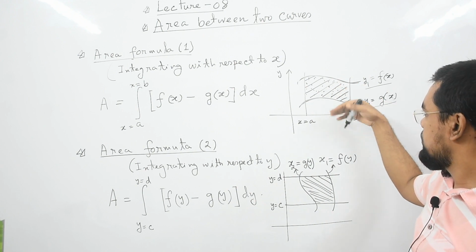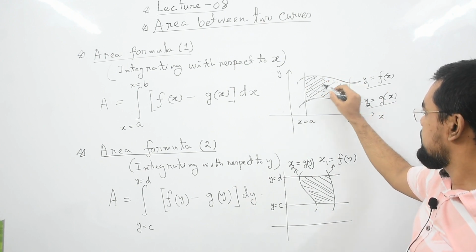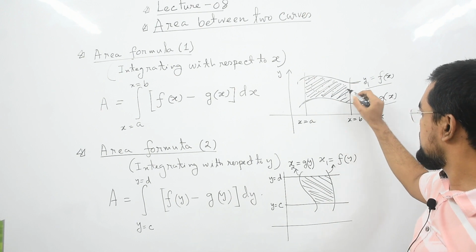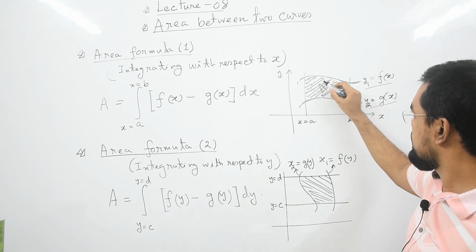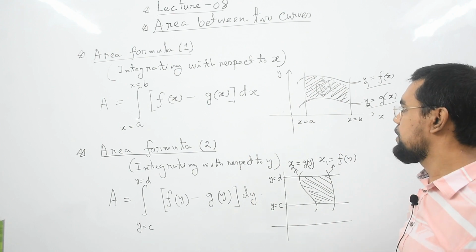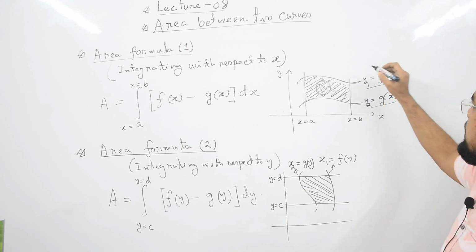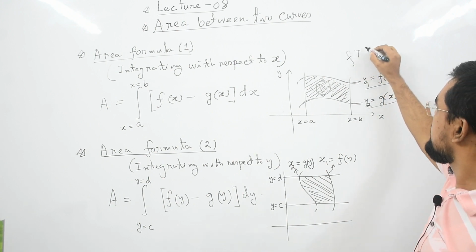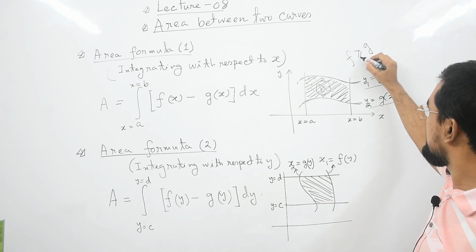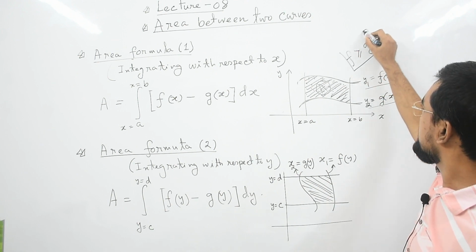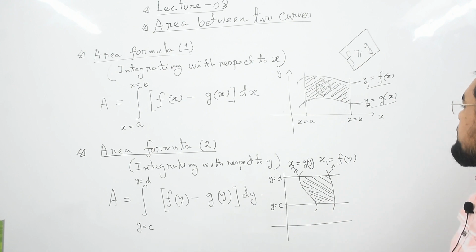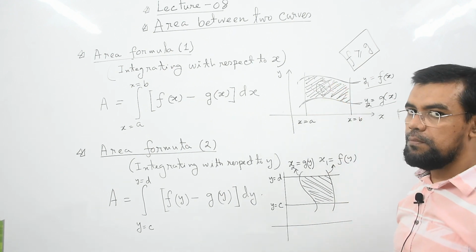And now if you want to know area between two curves, it means if you want to calculate area of this irregular region, let us consider this region by A, then how can we do that? You just need to subtract g from f, because f is greater than or equal to g, and this region needs to be bounded.